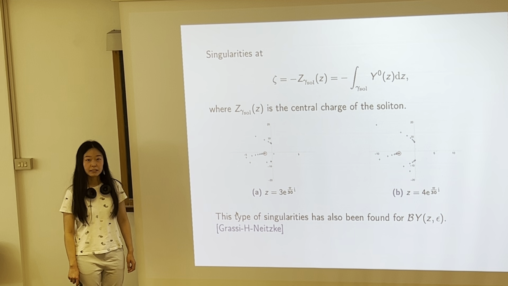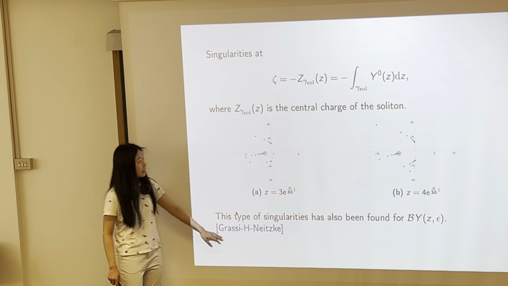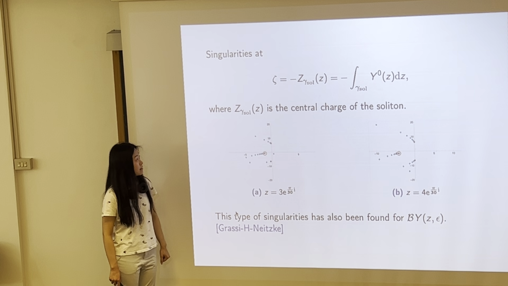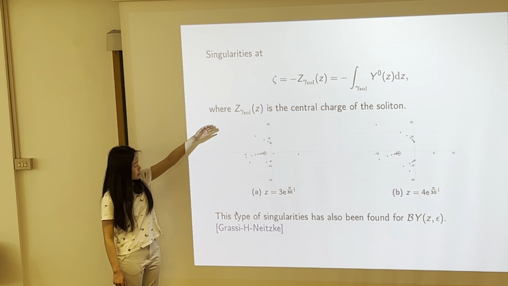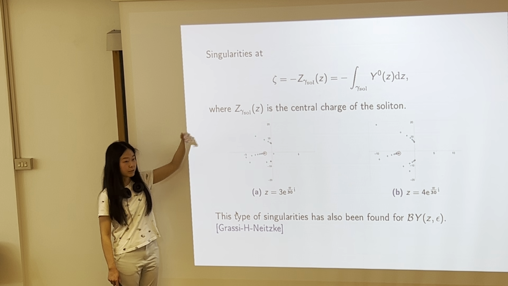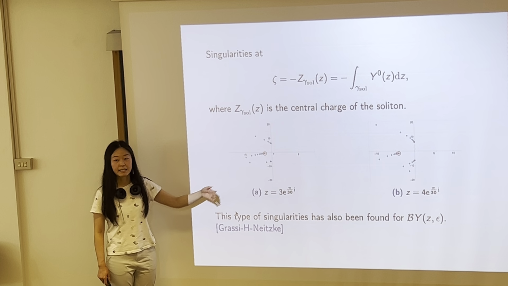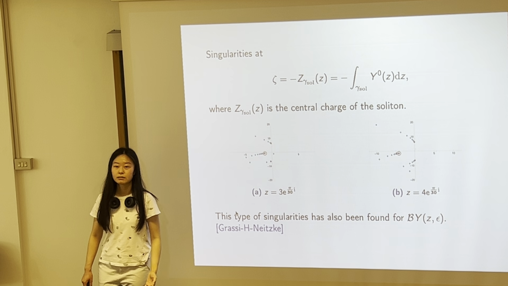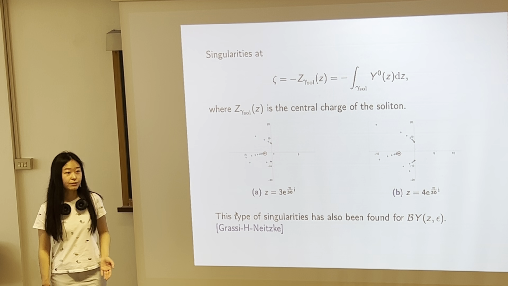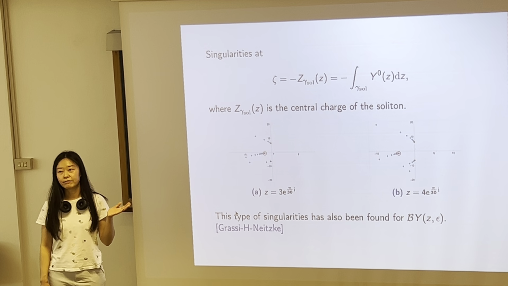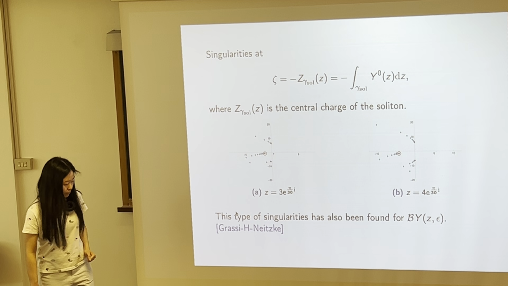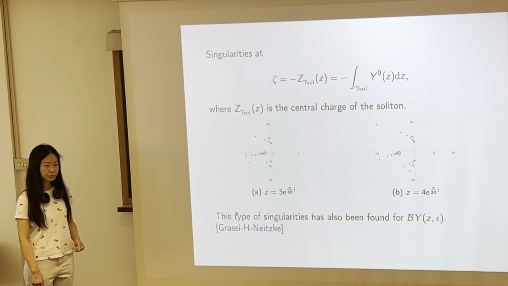And in our work with Gracia and Naisky, we find that this position of the singularity should have the physical meaning of the negative central charge of the solitons, which we have just introduced as this BPS state, living on the surface defect of the coupled 2D4D system.